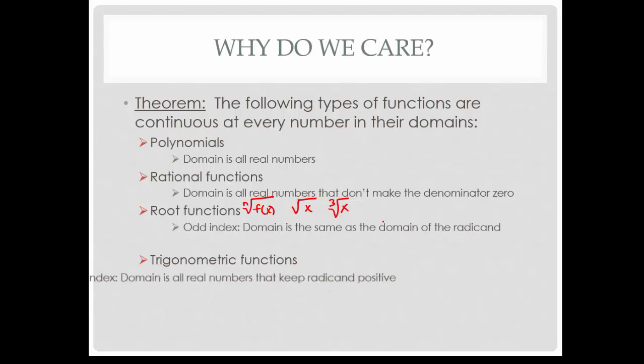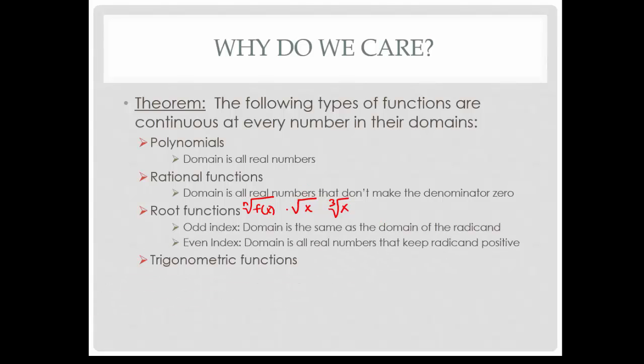If you have an even index, though, now you've got to start worrying about taking square roots of negative numbers or fourth roots of negative numbers. And at that point, you just introduced imaginary numbers into calculus. And we want to avoid those like the plague for at least a little while. They eventually come up. But for this course, we're going to avoid calculus with i.